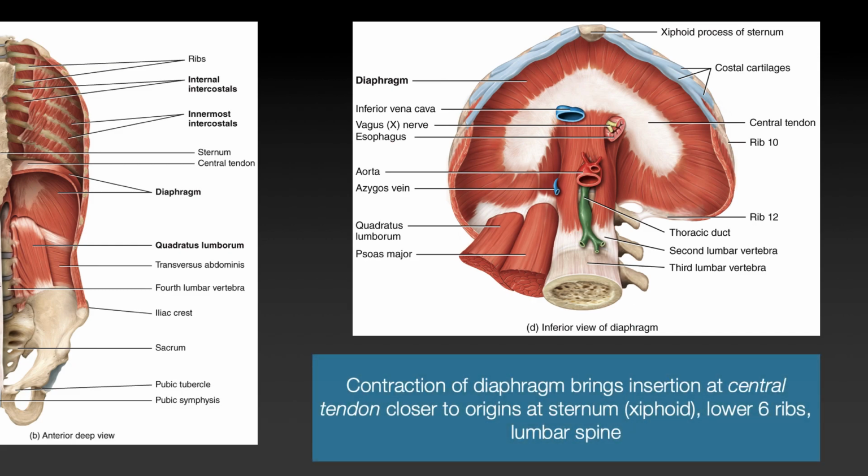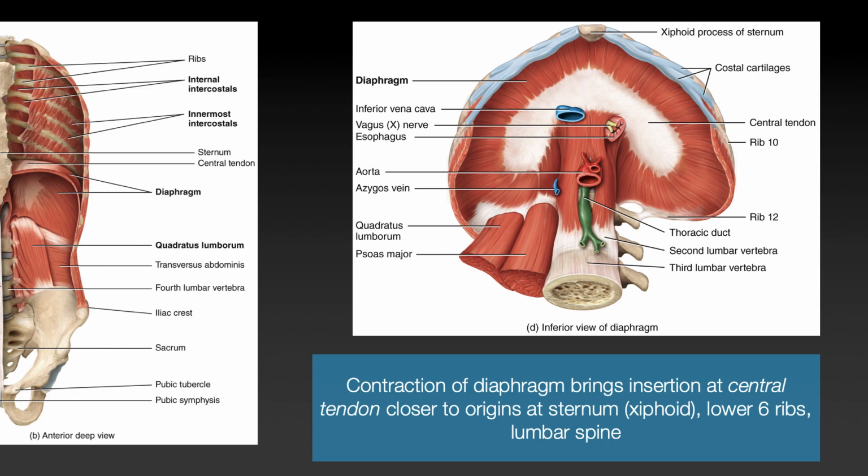There are organs underneath and there's lungs above, but the central tendon can move up and down. And when you contract the diaphragm, like any muscle, you bring its two endpoints closer together. It starts around this outer border, and notice that outer border is fairly low when you look on the left-hand side. And if you contract the muscle, the central tendon is drawn closer to those points of attachment.